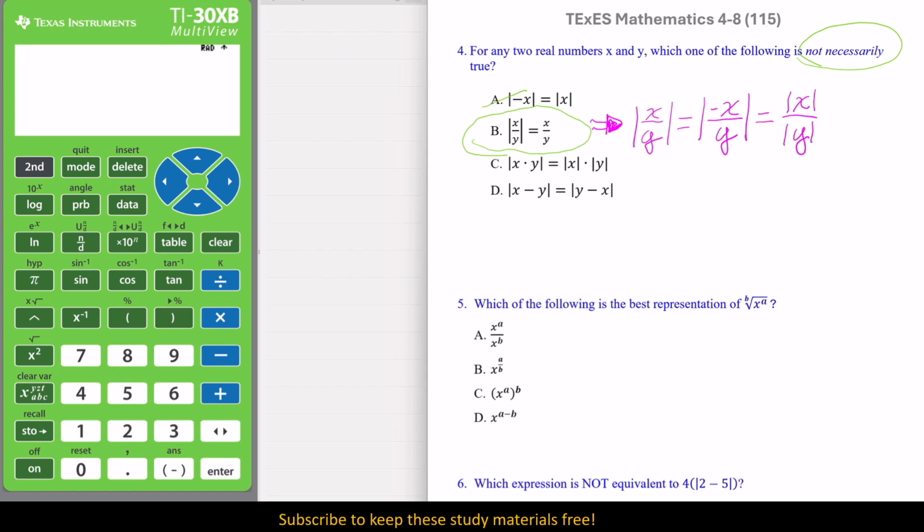Okay, now C. If we have x times y, whatever that is, we pull it out, would it equal the absolute value of x times the absolute value of y? Well, yes, you could use numeric values and put them in and prove that to yourself. Let's say that x equals -2 and y equals 3. Oh, yeah, that'll work. Never mind.